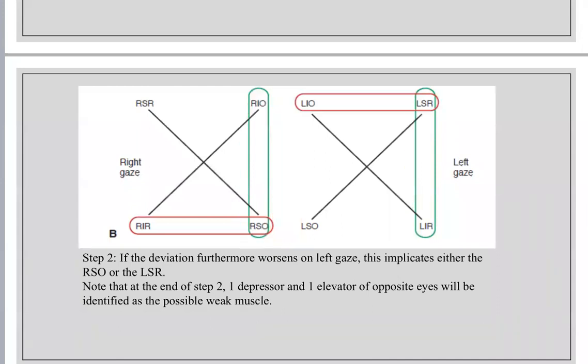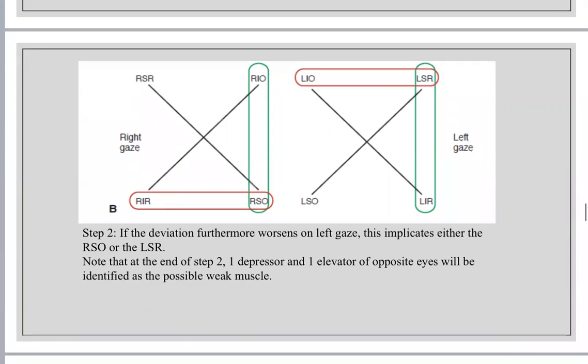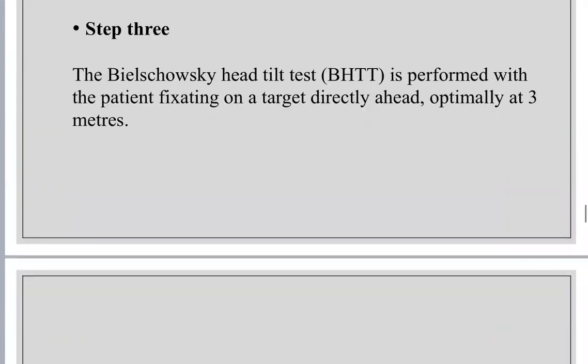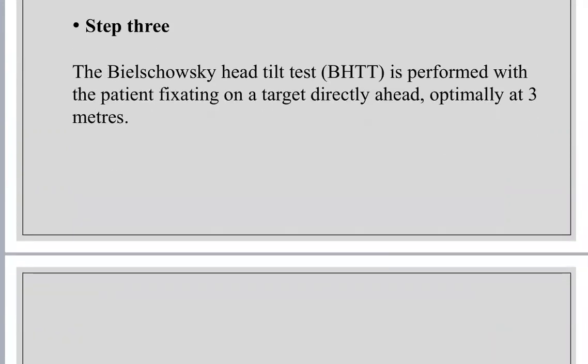Look at this. So the problem is either in the right superior oblique or in the left superior rectus. This is the second step. So I'm telling the patient to look to the right and to look to the left, and I'm outlining the position in which there is more diplopia or more vertical deviation.